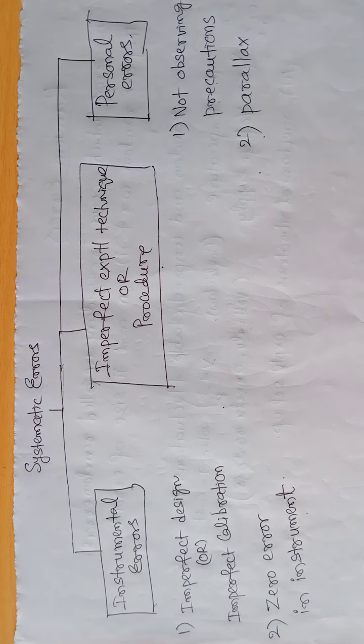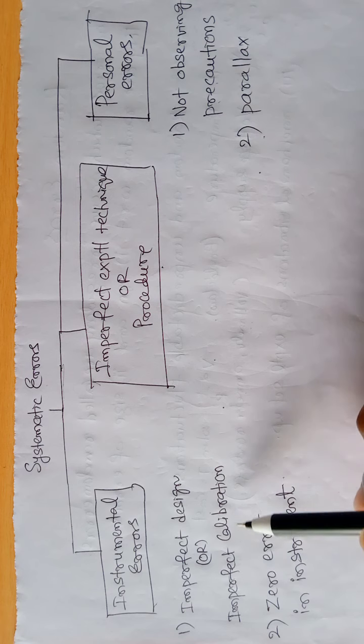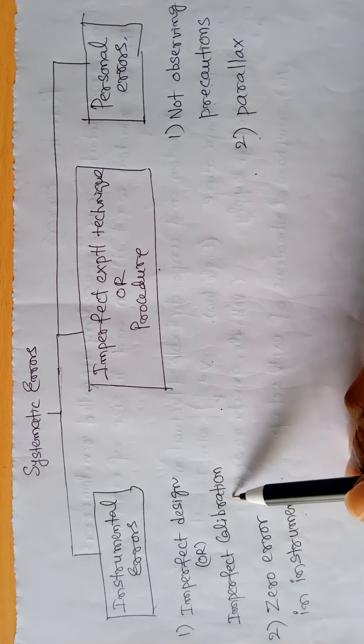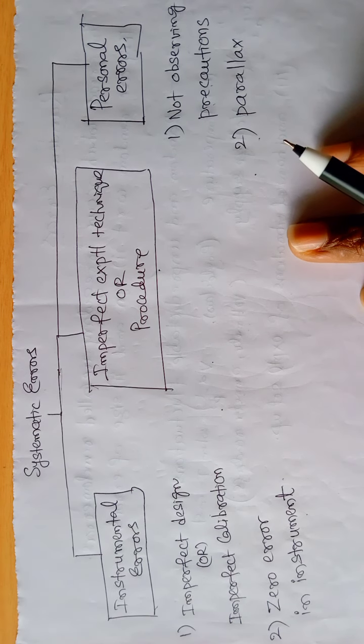First one, imperfect design or imperfect calibration. Both are one and the same. For example, the temperature graduations of a thermometer may be inadequately calibrated. It may read 104 degrees centigrade at the boiling point of water at STP, whereas it should be 100 degrees centigrade.